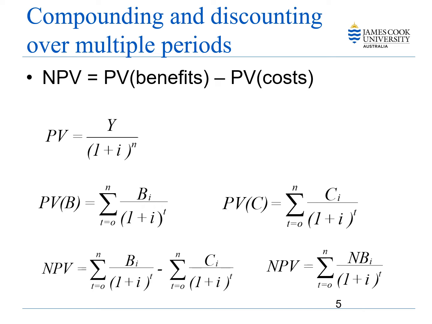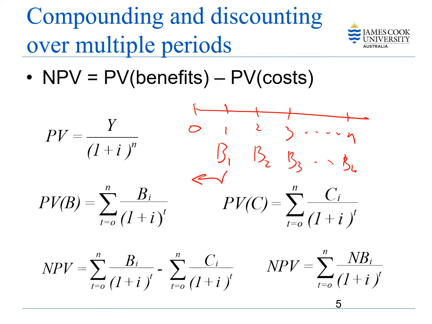Right, so NPV is equal to present value of benefits, take away present value of costs. Let me put a timeline here. There are benefits B1, B2, B3, and Bn, so on and so forth. We can discount each Bi back to present time, which is Bi divided by 1 plus i raised to the power of negative i.